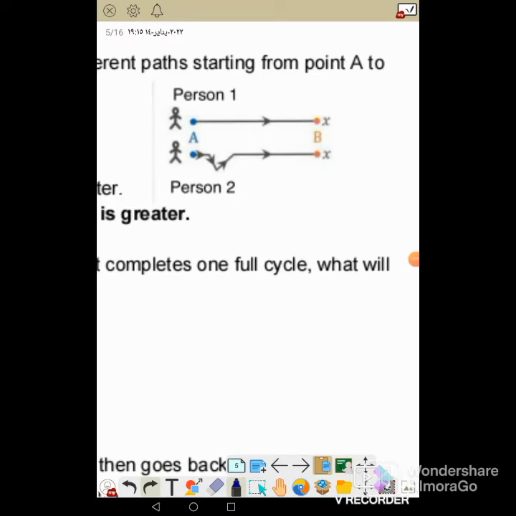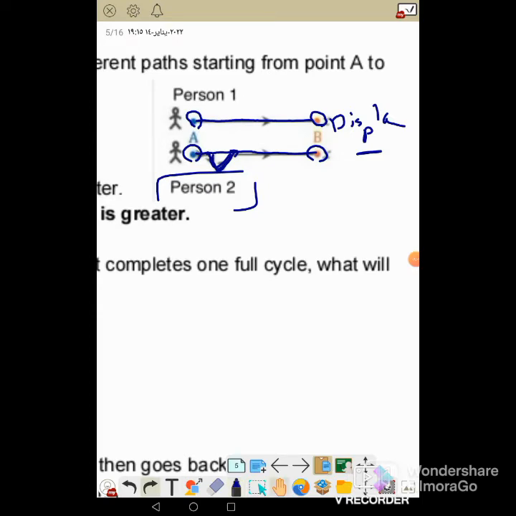The two persons begin from A to B, so they took the same displacement, because displacement refers to the distance between the starting point and ending point, but person B takes more distance.